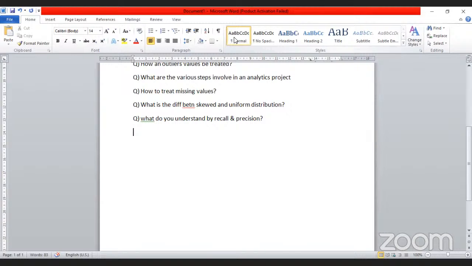So if he gives the correct answer 10 times out of 12, that means 80%, that is recall. Out of 12, if he tells all 12 surprises correctly, then the recall value will be 1. Okay, that means he remembers.